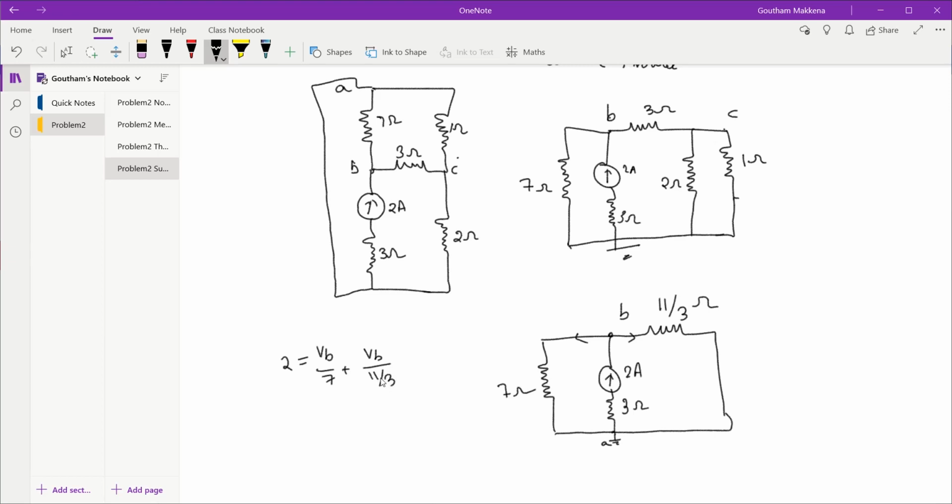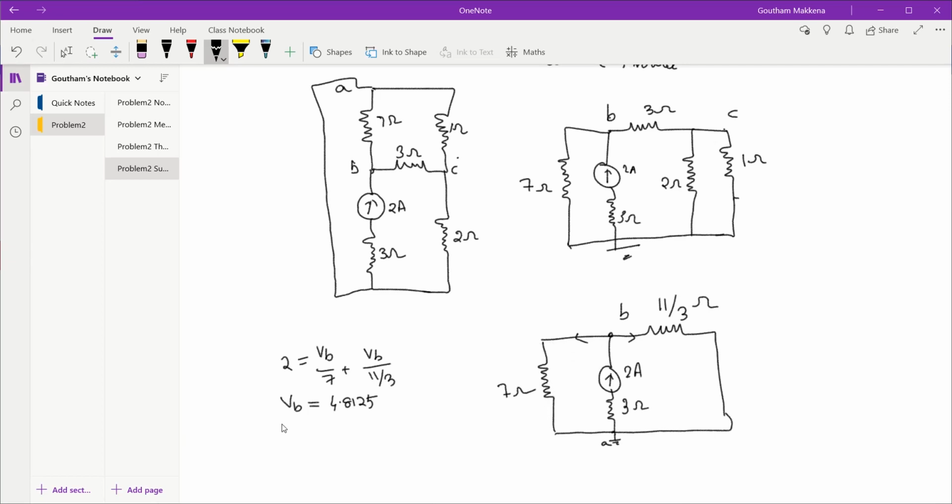So if I rearrange everything and do some arithmetic, I will find out that VB is in fact 4.8125.